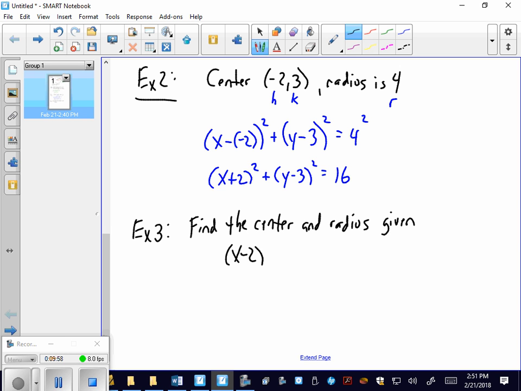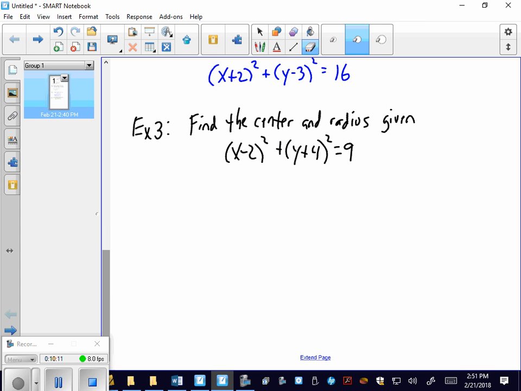x minus 2 squared plus y plus 4 squared equals 9. So now we want to actually find the center and the radius. All right, well this is h. Be careful about k, because this doesn't follow the normal form right there.